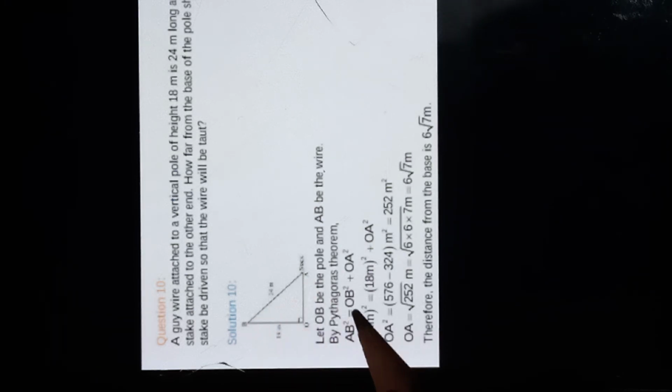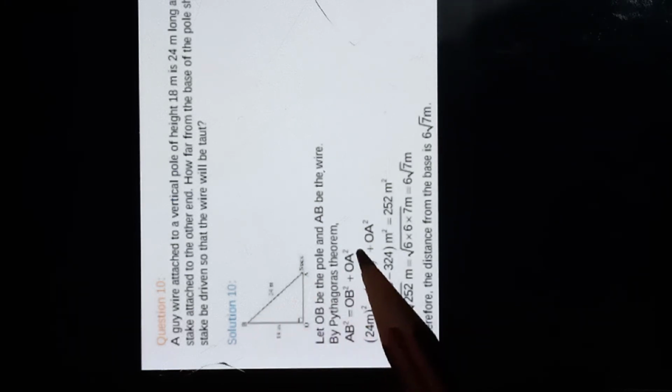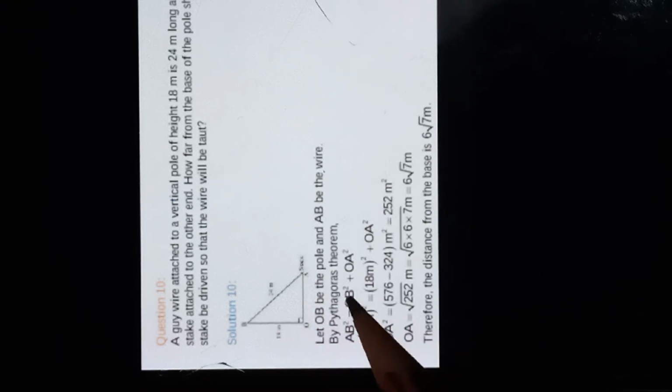So AB square would be equal to OB square plus OA square. OA is what we wanted to find. So AB given to you as 24, OB as 18, AO, you take 18 to the other side, 24 square 576 minus 18 square 324 gives you 252, and then if you find its root, it's coming out to be 6 root 7. So we would say it should be at a distance of 6 root 7 meters.